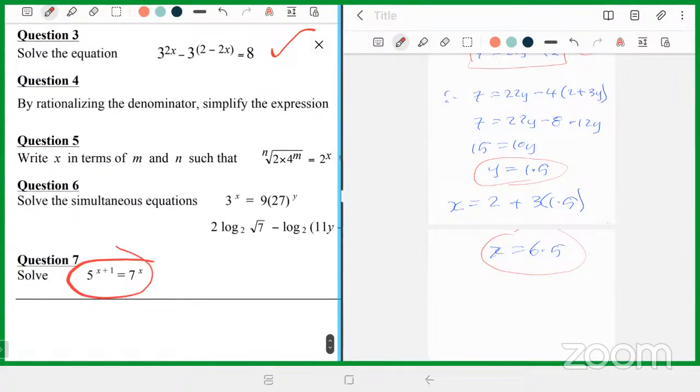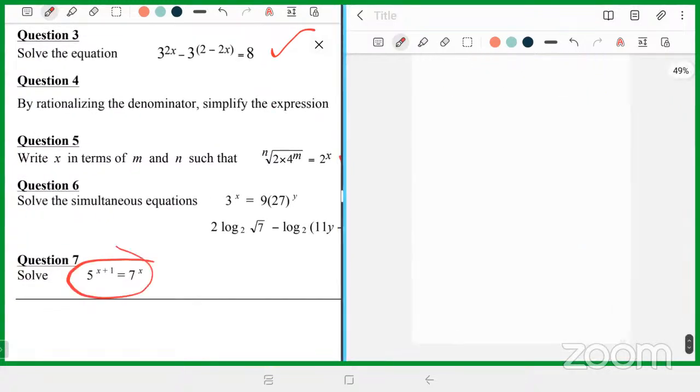This one, which is 5 to the x plus 1 equals 7 to the x. To get the x out of the power, you have to take logs. Pure math, we're going to take log to base e, which is ln. So we're going to take ln of this side and ln of that side.